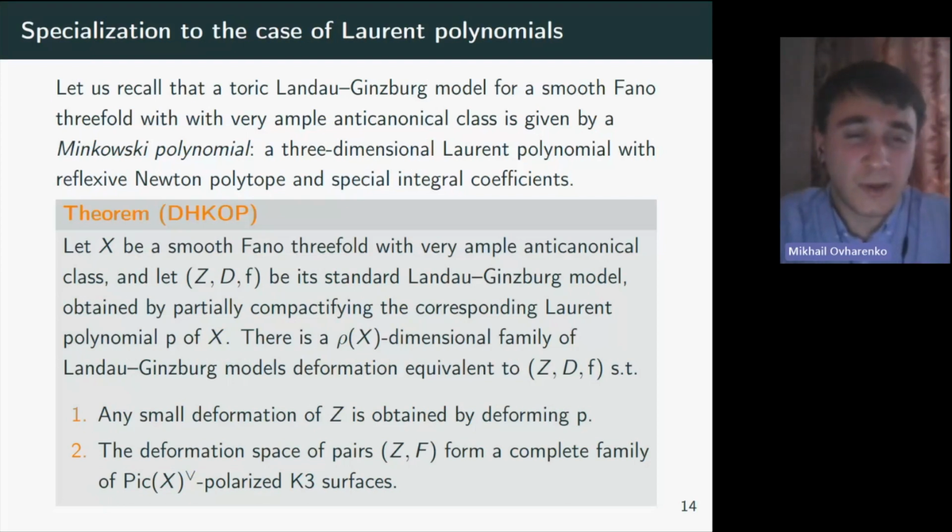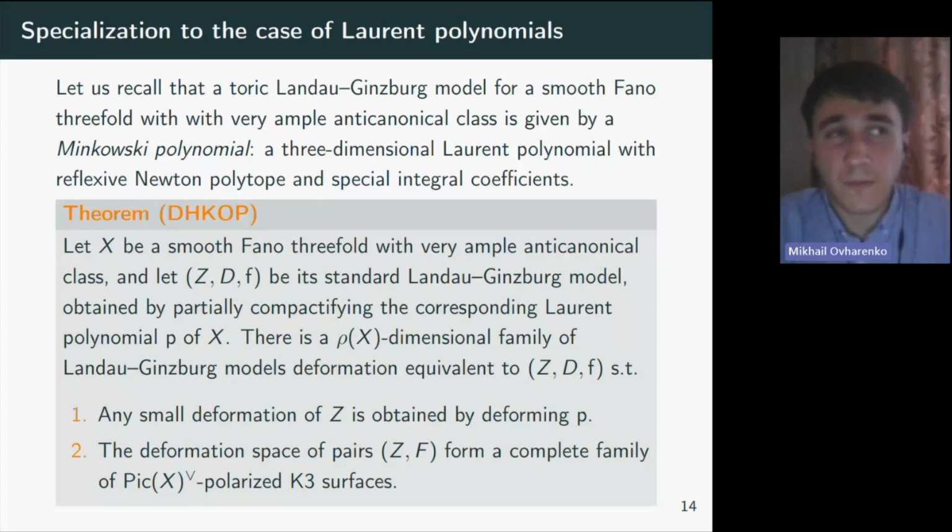I would comment a little bit on the first part. There is a notion of a toric Landau-Ginzburg model, not only for a smooth Fano variety itself, but also for a pair of a smooth Fano variety X and some divisor on X. And they differ just by the period condition.